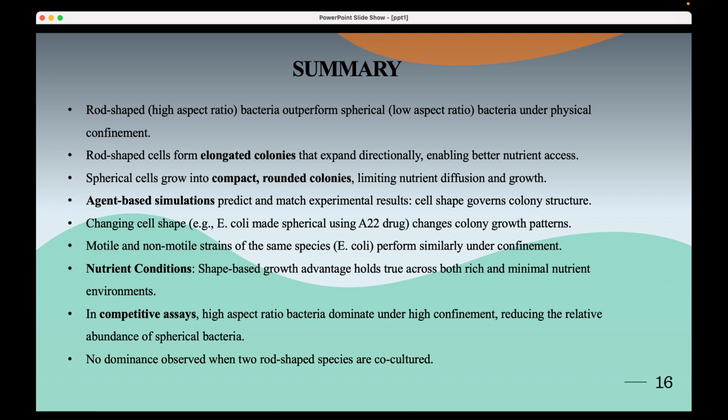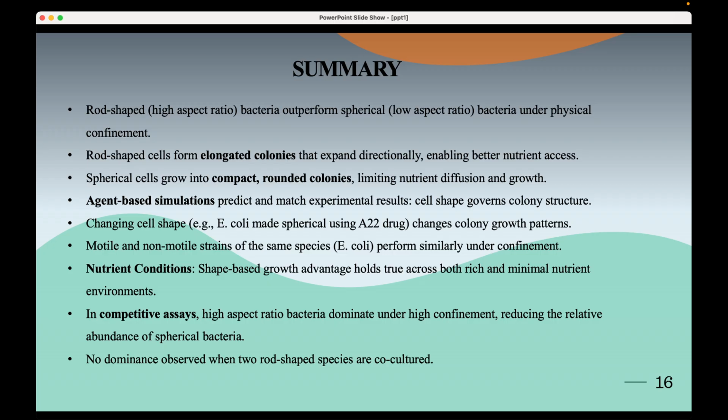The cell shape governs colony structure. Changing cell shape, for example E. coli made spherical using the A22 drug, changes colony growth patterns. Motile and non-motile strains of the same species of E. coli perform similarly under confinement.